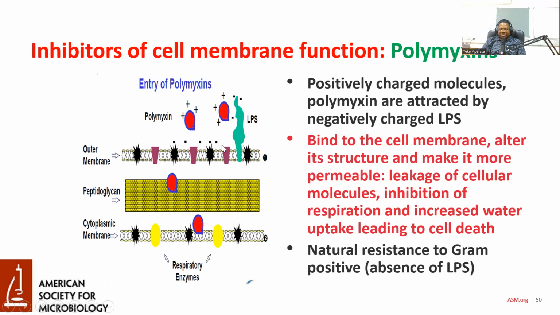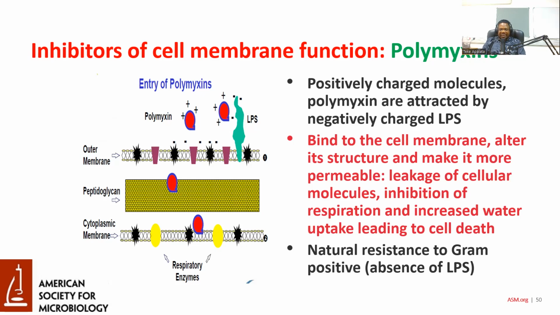This outer membrane has a lipopolysaccharide that is negatively charged, and polymyxins are positively charged molecules, so they are attracted by the negatively charged LPS on the outer membrane of gram-negative bacteria.